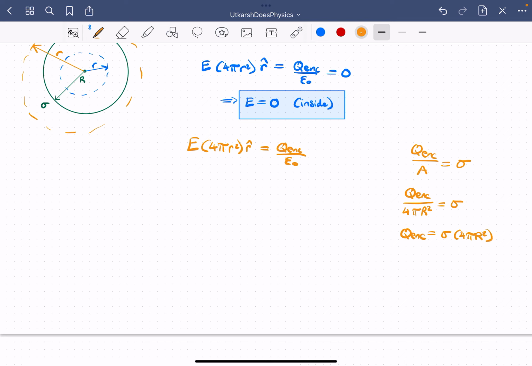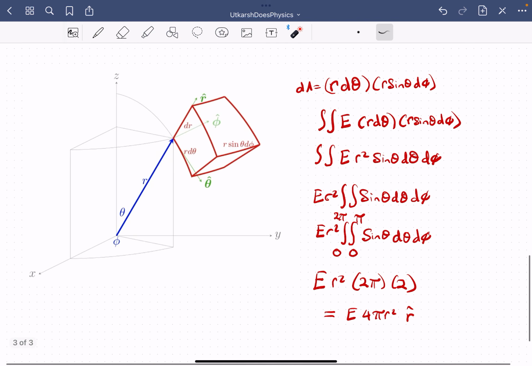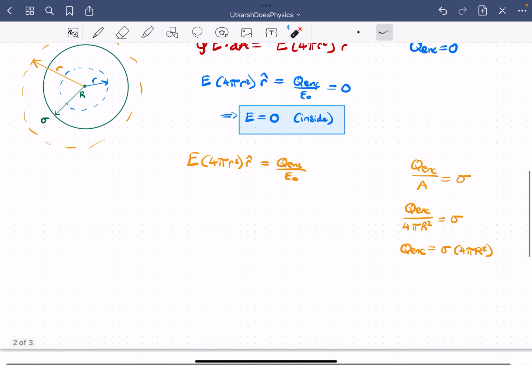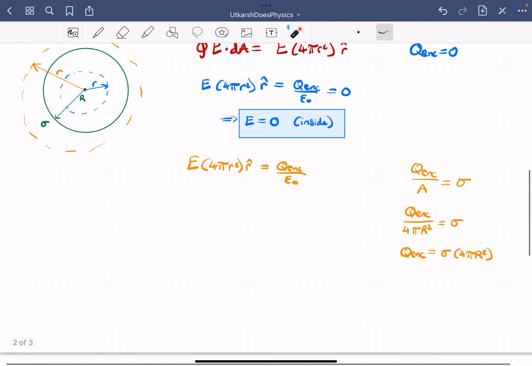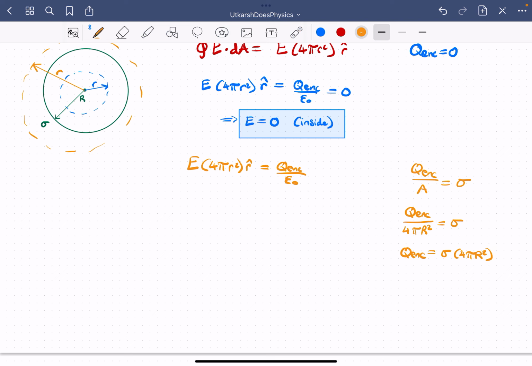Now, if you wanted to do this thoroughly with some dependence on sigma, you would have to do the same integral, and instead of E, you write sigma. And because sigma, again, is spherically symmetric, because they're giving you a uniform surface charge density, you can bring it outside the integral, and then everything will work out again. But if you're a first year or if you haven't learned multivariable calculus yet, then this is a good enough explanation, and you don't need to go into more detail than that.